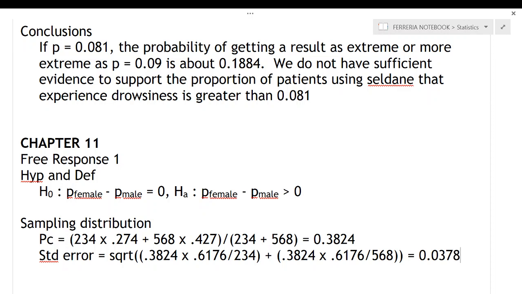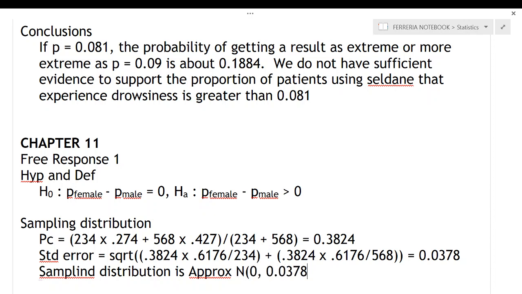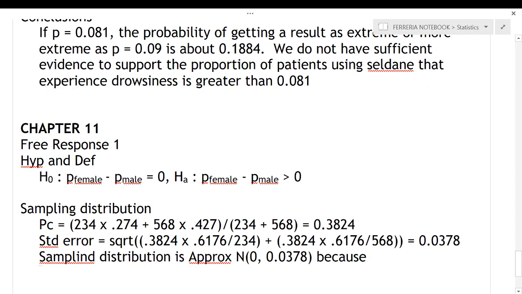Okay, so that's my standard error. The sampling distribution is approximately normal because, one, do we have random selection or random sampling?